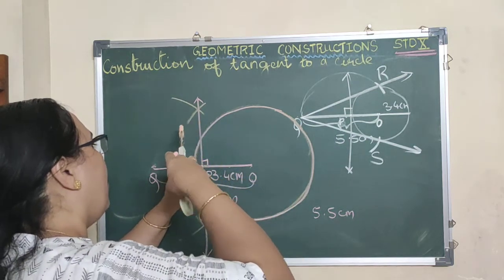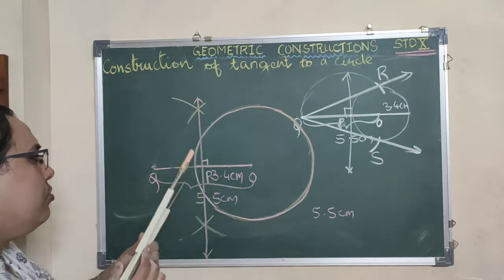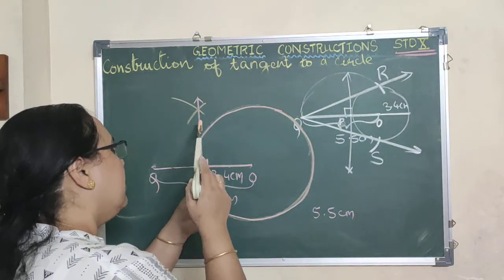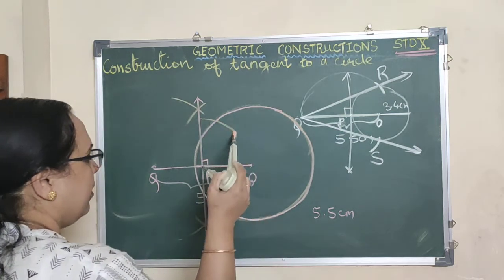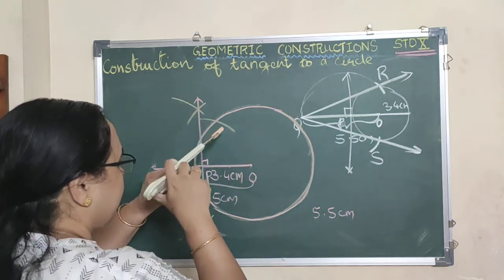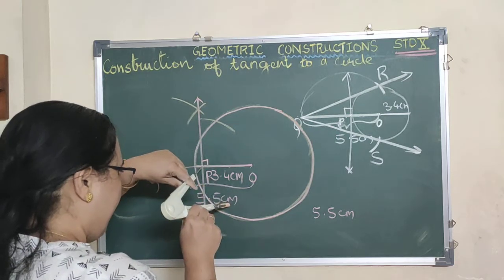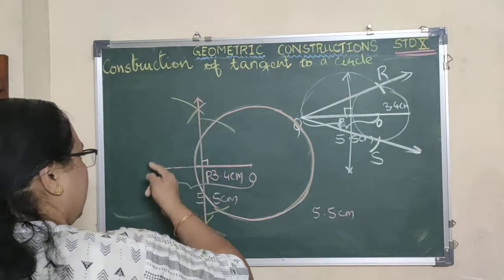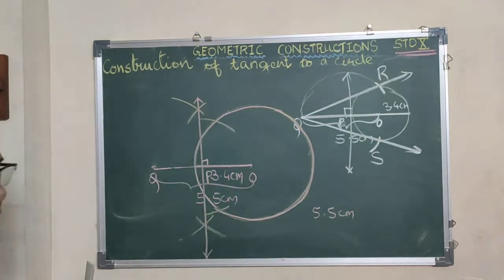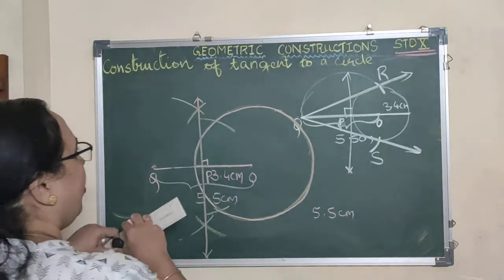Now you will draw arcs cutting the circle. So when I draw arcs cutting the circle, it goes like this as well as like this. After I cut the circle, see children, you can draw a circle touching the whole way, but the construction becomes a little messier. So I have just cut it and you get the common point.